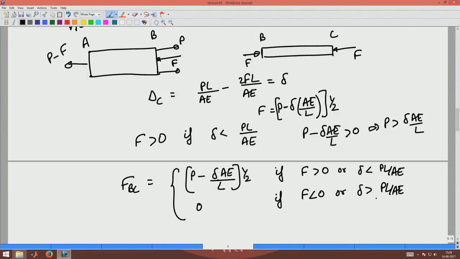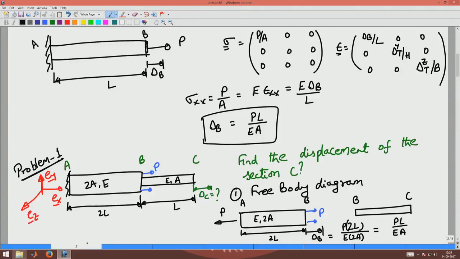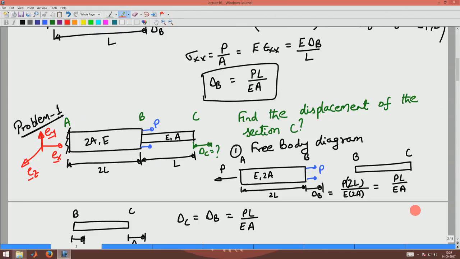Now, in problem 1 we saw that the expansion that C will have due to the applied load P is PL by AE, right. In problem 1 we found that delta B is PL by AE and that is equal to delta C, right. Delta C and delta B were PL by AE.